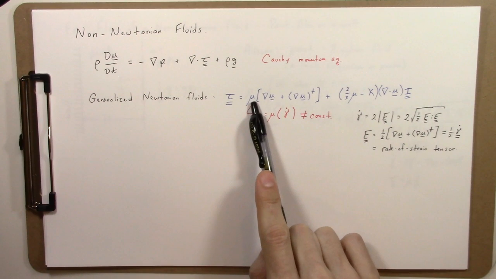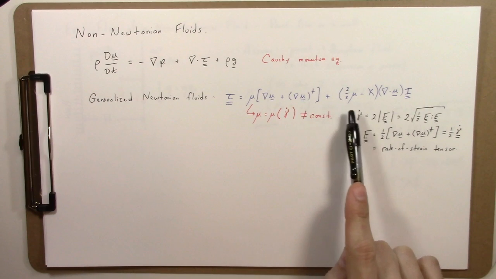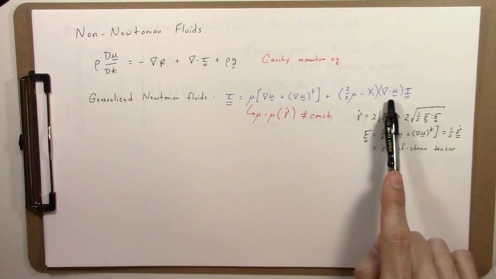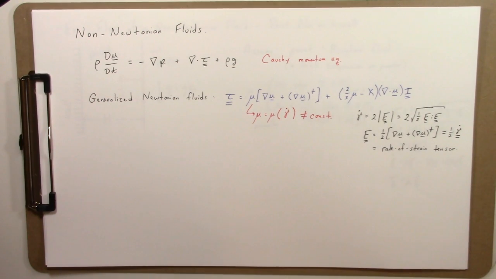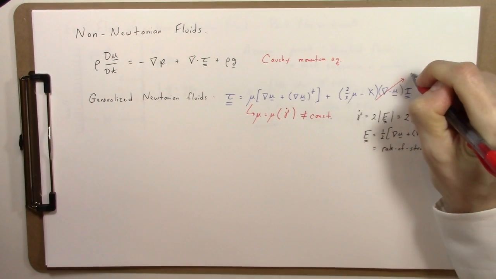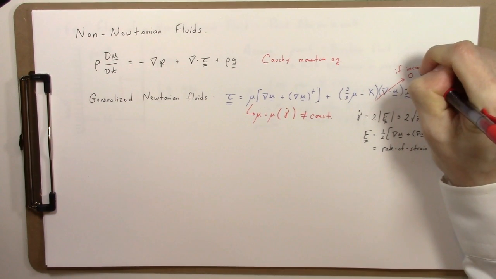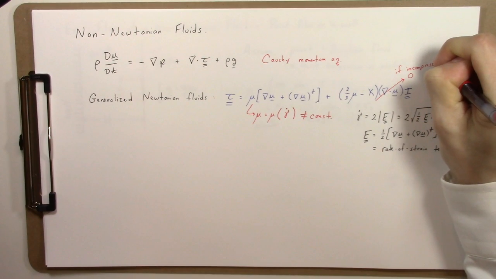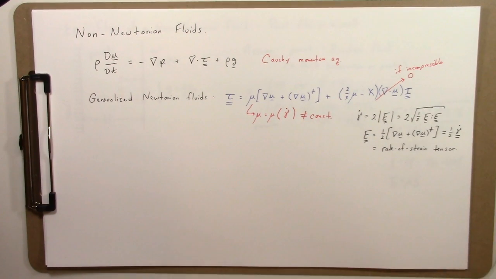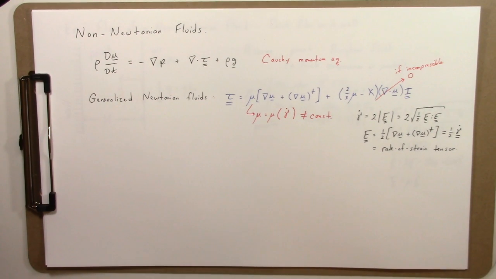Tau is equal to mu times the velocity gradient tensor plus its transpose plus (2/3 mu minus kappa) del dot u I. Now for an incompressible flow or fluid, this term vanishes, and we don't have to worry about the effects of dilatational viscosity or this other term here, just like we had ignored it in all previous cases when we've dealt with incompressible fluids or flows.